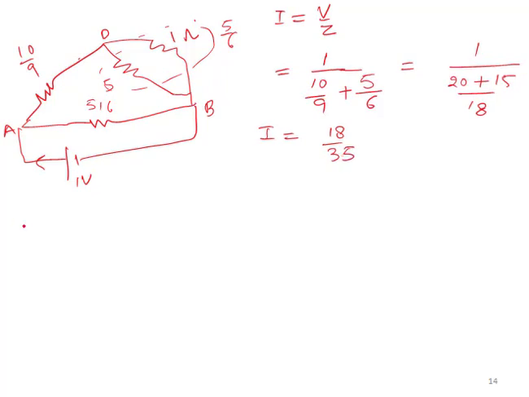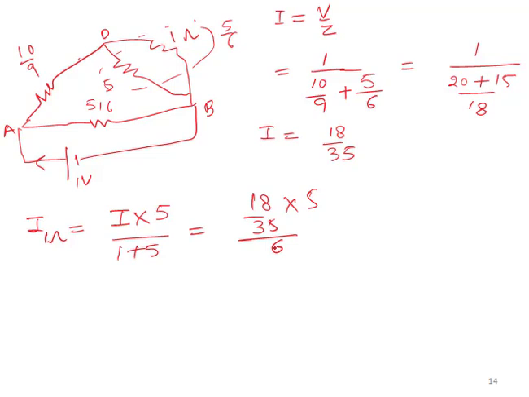Now we have to calculate the current through 1 ohm resistance, which is branch PD. So by applying the current division rule, which states that current through 1 ohm will be equal to total current into the opposite branch, which is 5 ohm, divided by sum of both, that is 1 plus 5. So it will be simply 18 by 35 into 5 divided by 6.